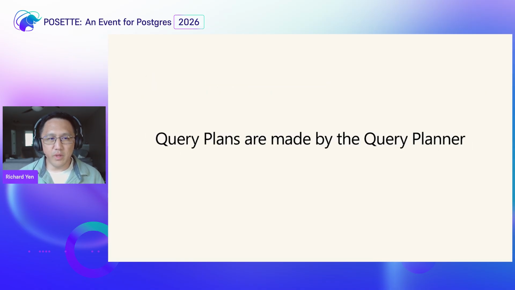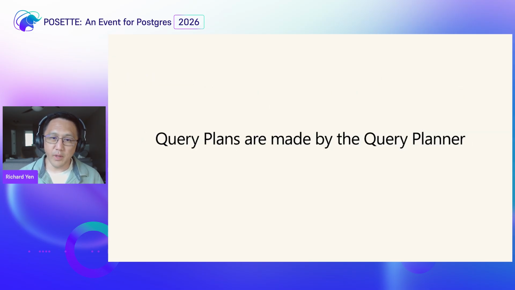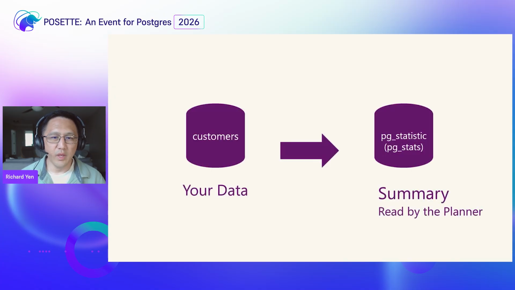The key point is that the query plans that you see, for example, like this one, are made by something called the query planner. Many of you are probably familiar with this, but I just want to reinforce this to you, especially if you are new to Postgres or just getting more deep into using Postgres as your database of choice.